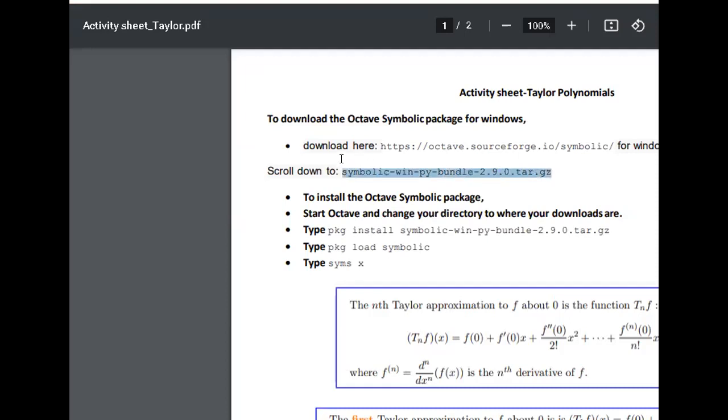Have you downloaded that file? Did you download that? Just go there. I think this is about a 40 MB file. I'm not sure. Right, download that one.